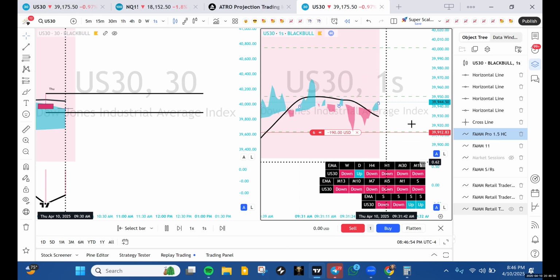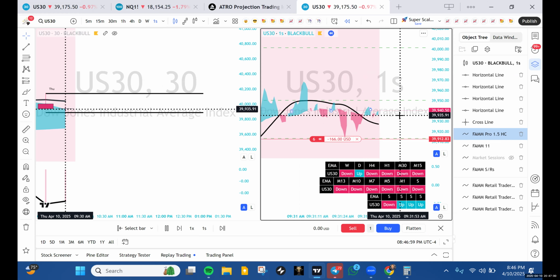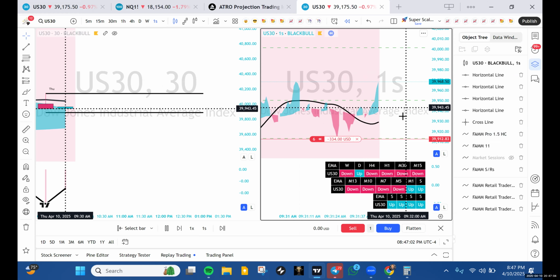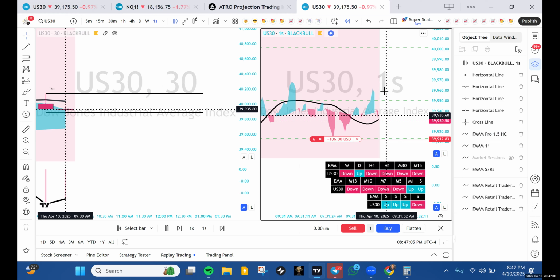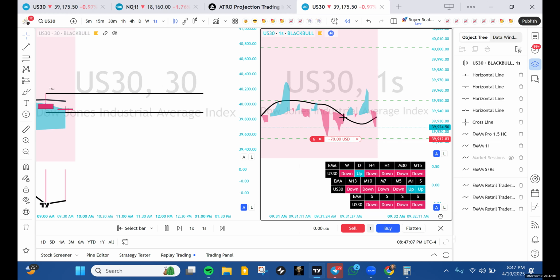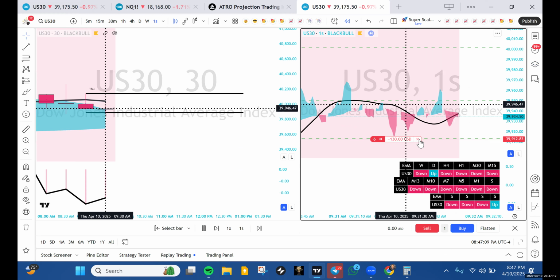See if that works. No worries, it's not working. But I just want you guys to see how this thing is flowing and what's really happening with it. Let me take this out so we can just focus on it.